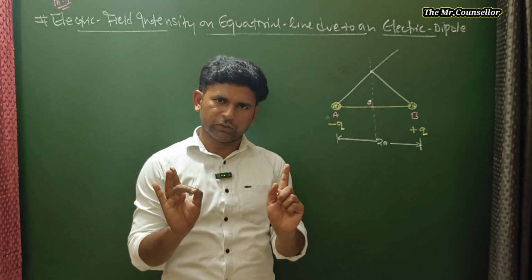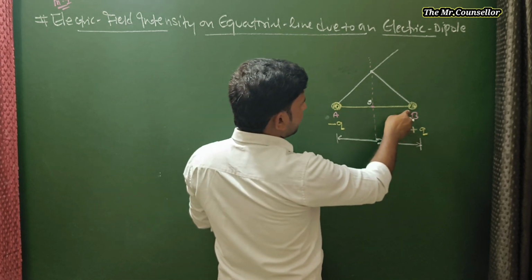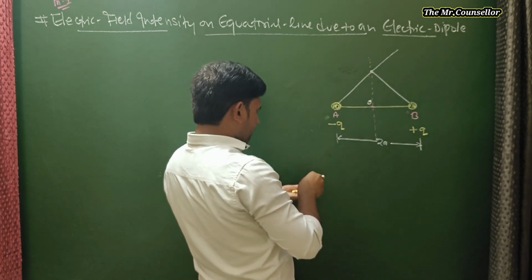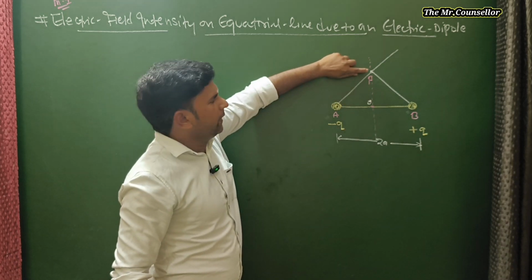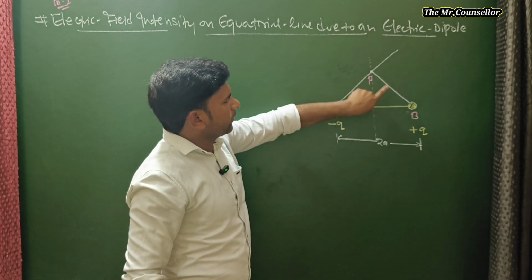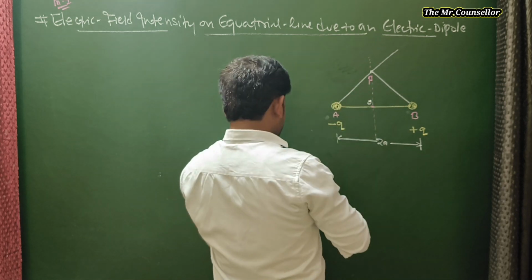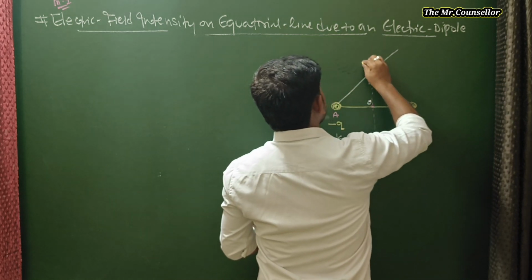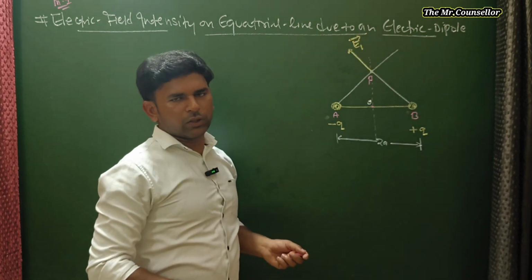Yes or no? It means we need to find the electric field at point P. So the electric field at P will be away from the positive charge, so you are going to take this side, this one E1. Is it okay or not?